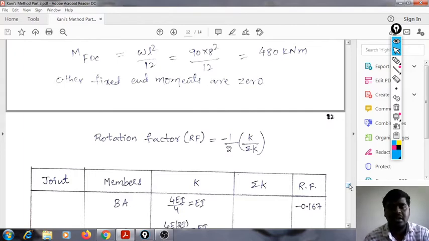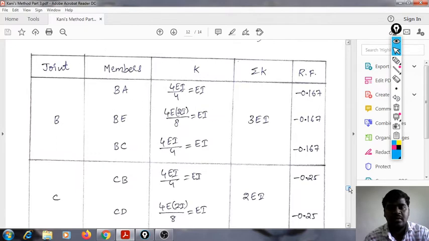And we know the rotation factor as minus 1 by 2 k by sigma k. Even though the fixed end moments are 0, due to the loads on CD and BE, we have to find the rotation factors for them.